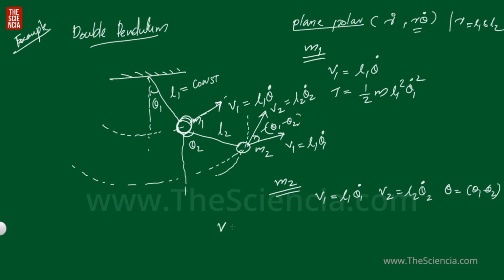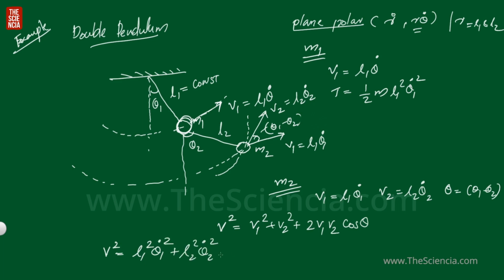So the resultant velocity v square will be equal to v1 square plus v2 square plus 2 v1 v2 cos theta. So what will we get? We will get v square equal to L1 square theta 1 dot square plus L2 square theta 2 dot square plus 2 L1 L2 theta 1 dot theta 2 dot cos of theta 1 minus theta 2.